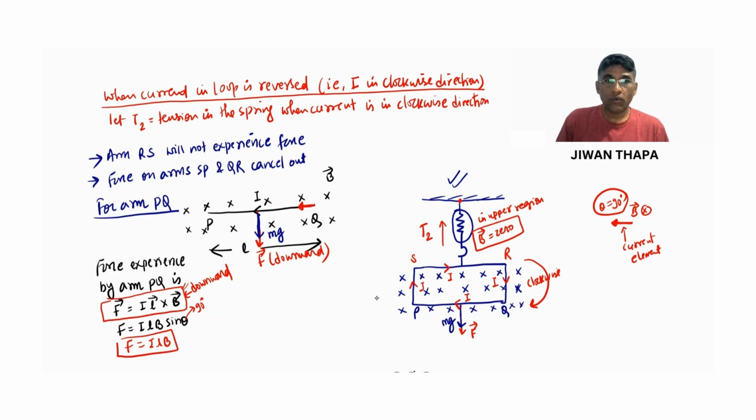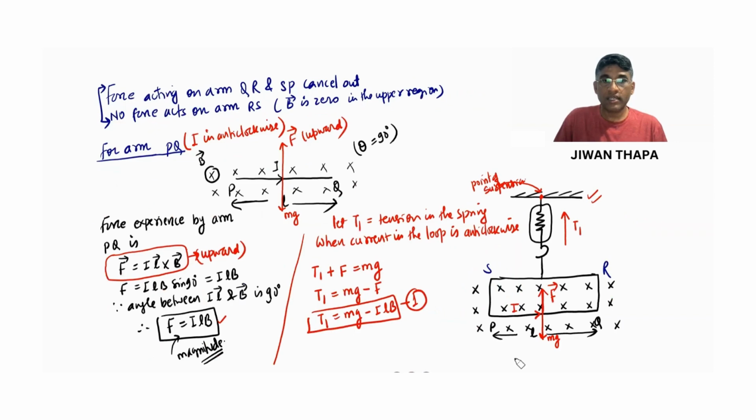Therefore, what we can conclude from this particular case is that tension T2 equals F, I'm writing in magnitude, plus mg. Therefore, T2 equals ILB plus mg. Let us call it equation 2.